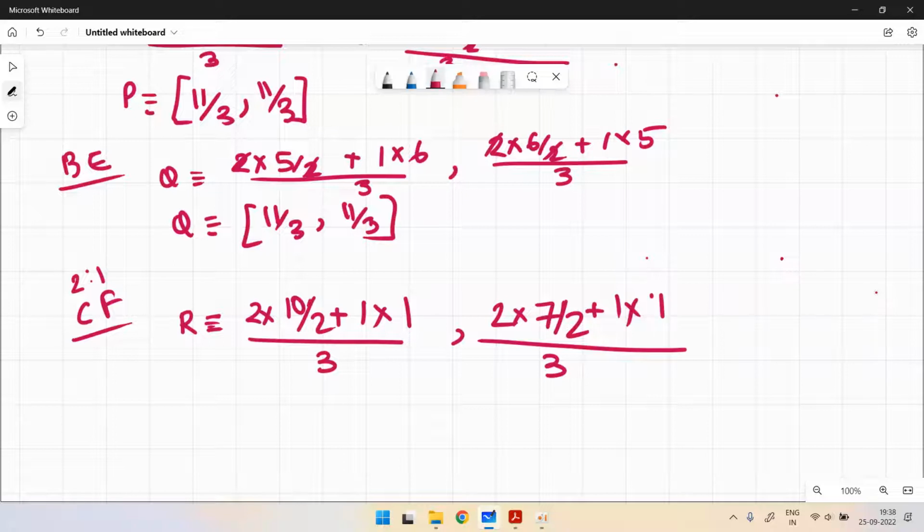This 2 gets cancelled, and this 2 and this 2 are cancelled. It is 10 plus 1 by 3, which is 11 by 3, comma 7 plus 4 by 3 is 11 by 3.